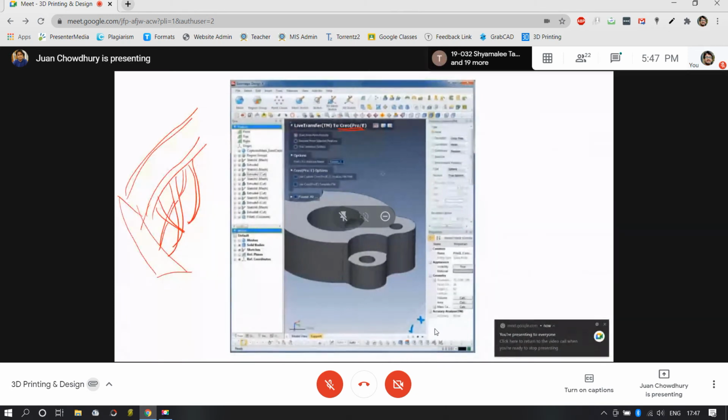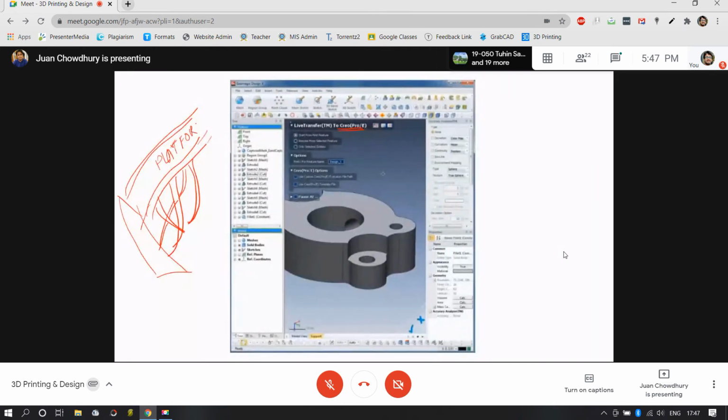Things like this. This is the platform of the bridge. In cases where there are complex shapes and curves, even if you extrude, you will have to accurately design the spline that connects. This becomes really difficult.